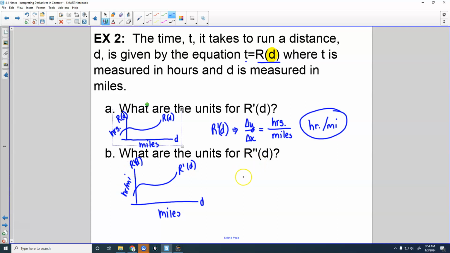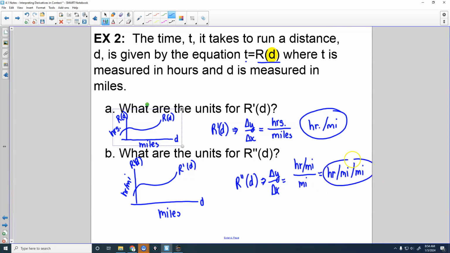So R double prime would be our change in y over our change in x, which would be hours per mile per mile. So you can write it like that, hours per mile per mile, or you can do hours per mile squared.